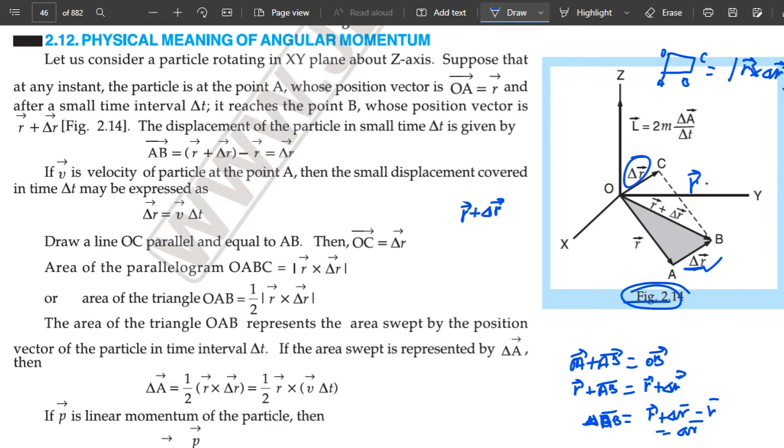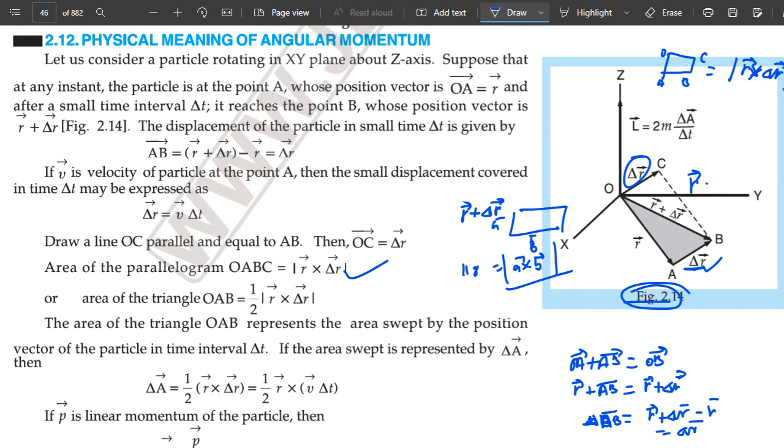We know that if these two sides are vectors A and B, then the area of the parallelogram is the magnitude of A cross B. Here we apply this to find the area of parallelogram OABC, which is the magnitude of R cross delta R. We know that the diagonal of a parallelogram divides it into two equal triangles whose areas are also equal.